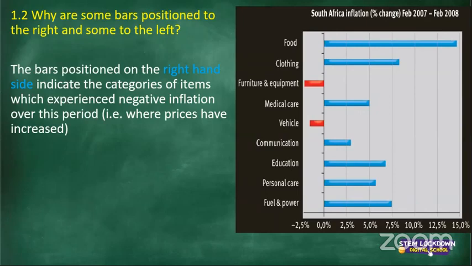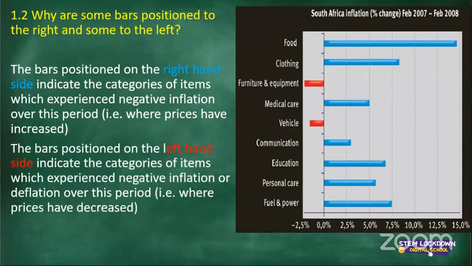The bars positioned on the right-hand side indicate the categories of items which experienced negative inflation over this period. This means this is where prices have increased.